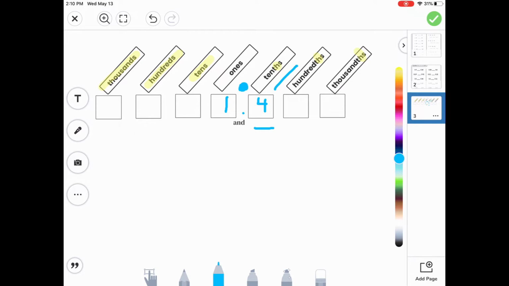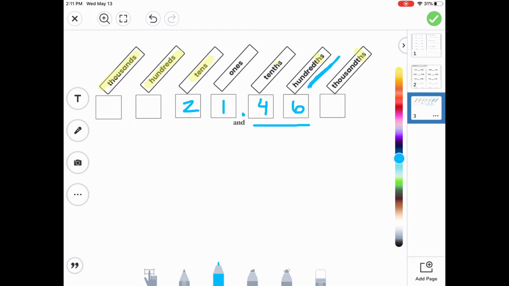So this would be 1 and 4 tenths. Let's try a different example. Let's try the number 21.46. Here I would read this whole number, 46, and then I would say the place value of the last number. So 21 and 46 hundredths.